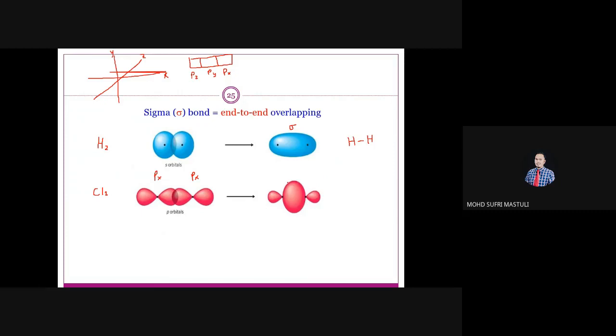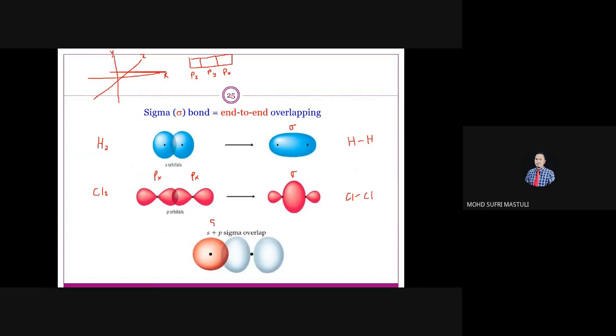And yeah, this is a sigma, Cl with Cl. Another example can be from s overlapping with px.